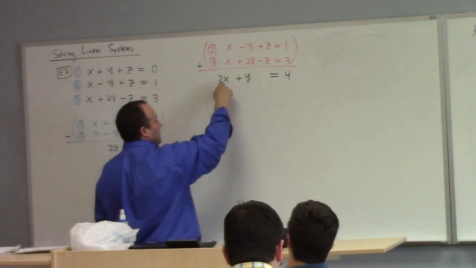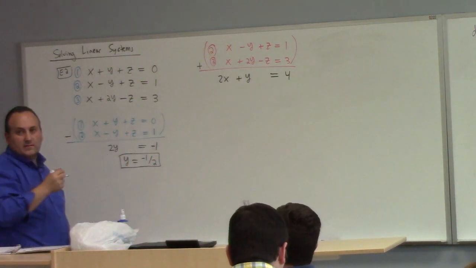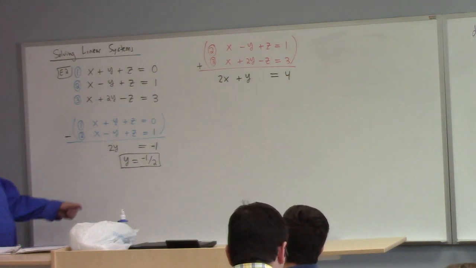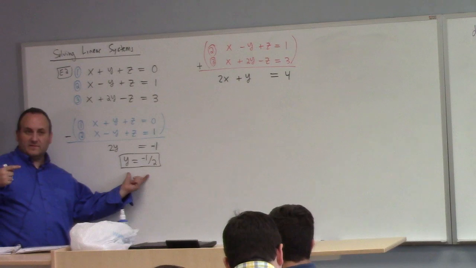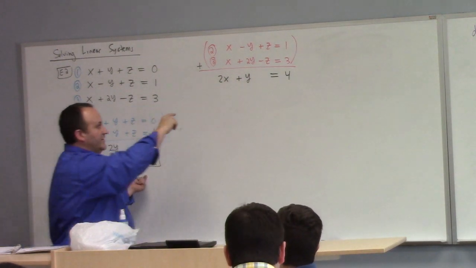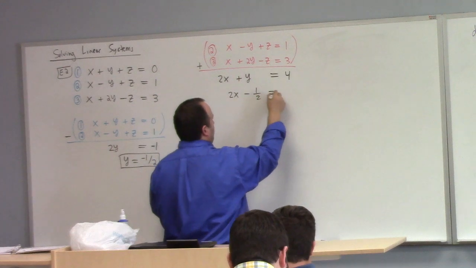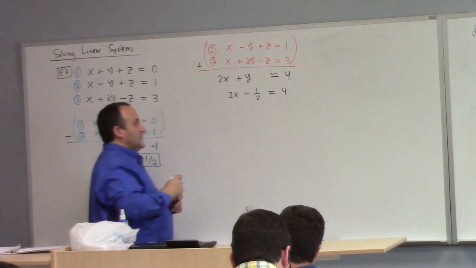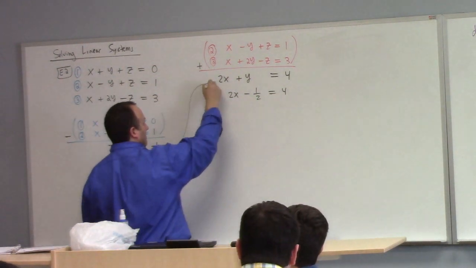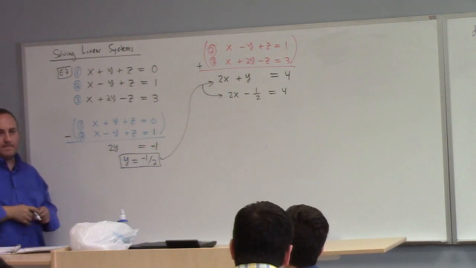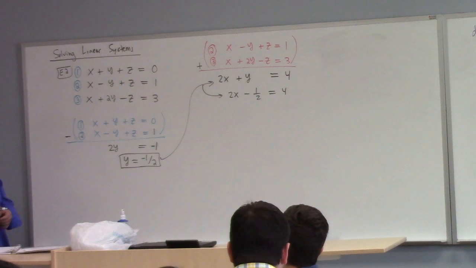Now, question? No? Okay. What should I do? I should substitute. I know y is equal to minus a half. So I should put that up in here, right? So I've got 2x minus 1/2 equals 4, right? Now we can solve for x.